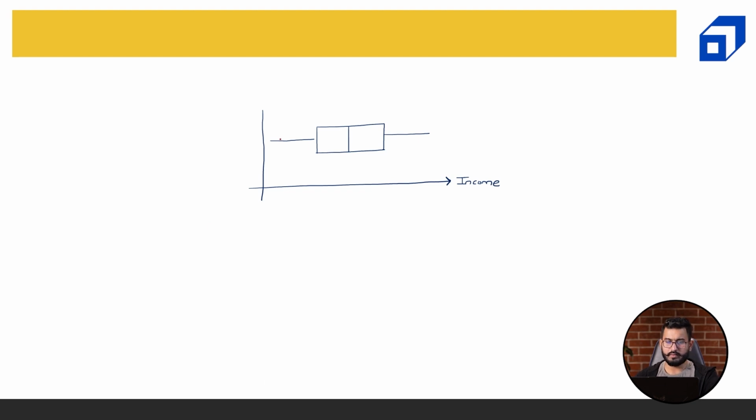This particular point represents Q1, this represents Q2, this represents Q3, and Q2 basically means the median line, while Q1 means the 25th percentile, and Q3 means the 75th. Now if you already know how to read a box plot, you can skip this part, but those of you who do not know it, you can focus on this particular topic.